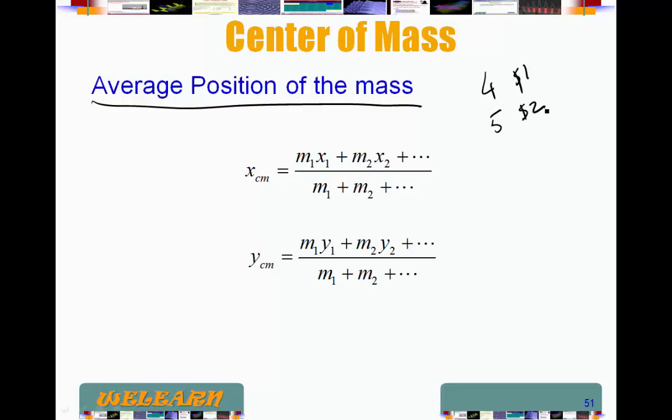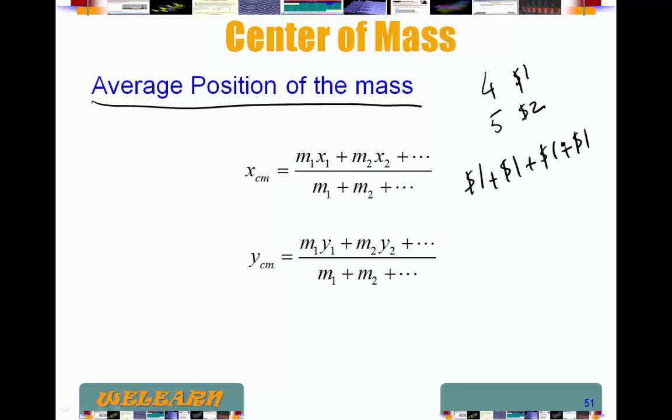Now, to get the average, I can say I have $5 here and $10 here, so I add them up. $1 plus $1 plus $1 plus $1, that's 4 times, and then add up the 5 $2.